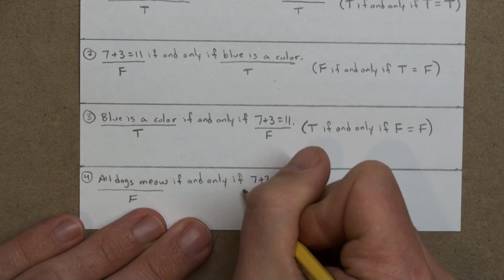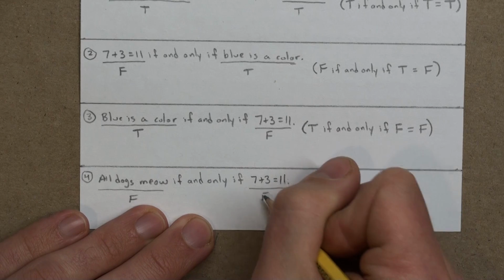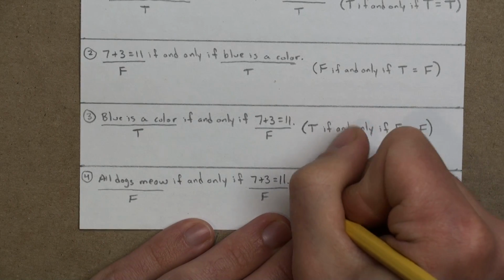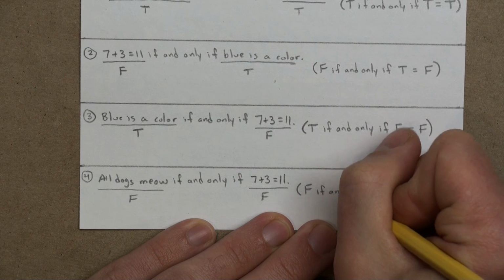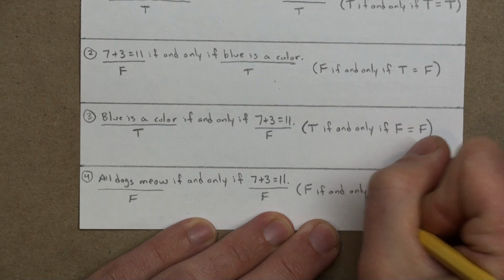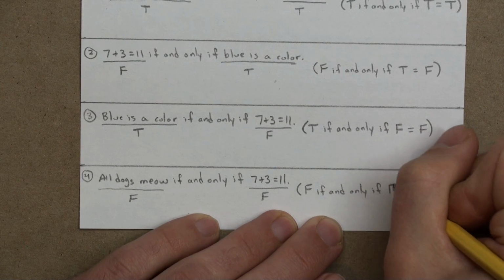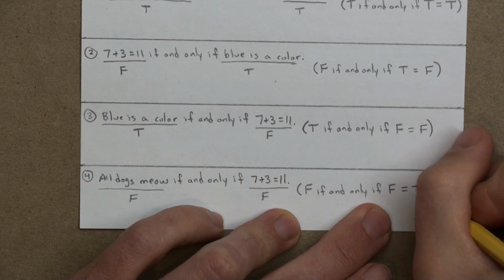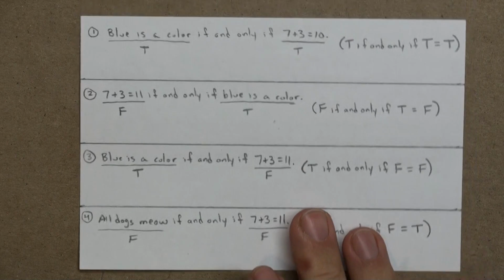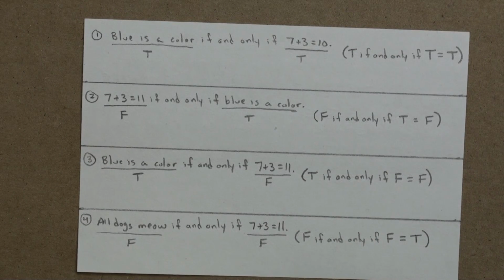We know both of these are false. So when you have false if and only if false, then since they're both the same, they're both false, this is actually true. Alright, so that's the information you need to know for a biconditional.